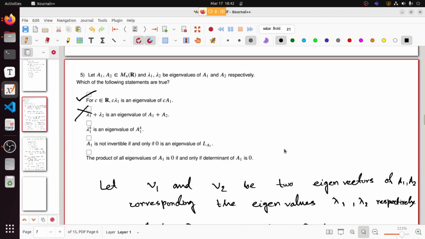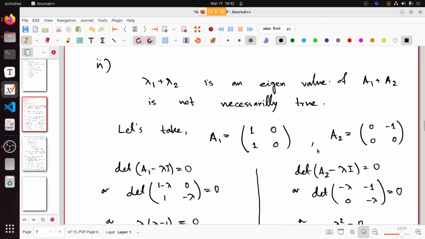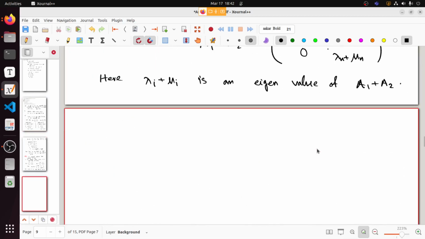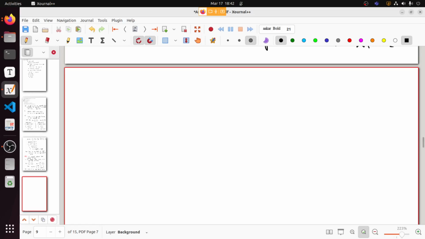Okay, let's check option number 3. What is it saying? Lambda 1 to the power k is an eigenvalue of A1 to the power k. This is also true, and we can easily verify it. A1 to the power k is the composition of the matrix A1 with itself, k times.